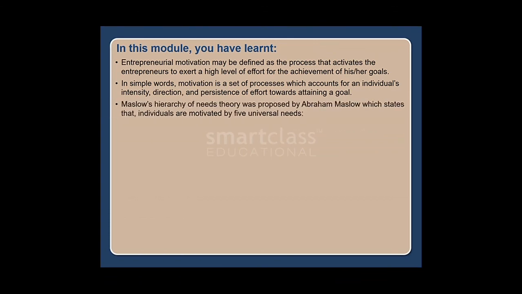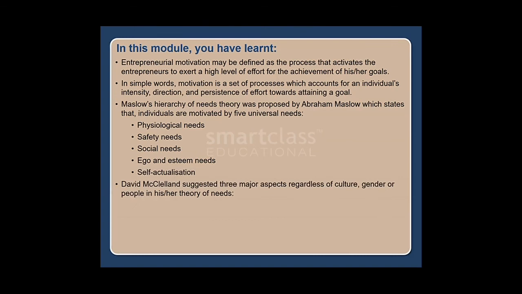Maslow's hierarchy of needs theory was proposed by Abraham Maslow, which states that individuals are motivated by 5 universal needs: physiological needs, safety needs, social needs, ego and esteem needs, and self-actualization. David McClelland suggested 3 major aspects regardless of culture, gender, or people in his theory of needs: achievement, affiliation, and power.